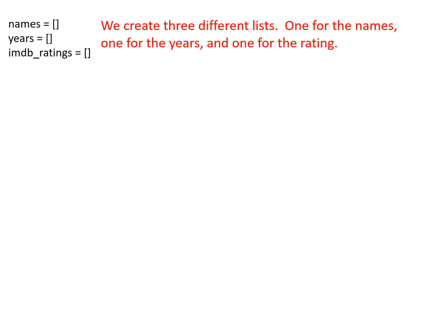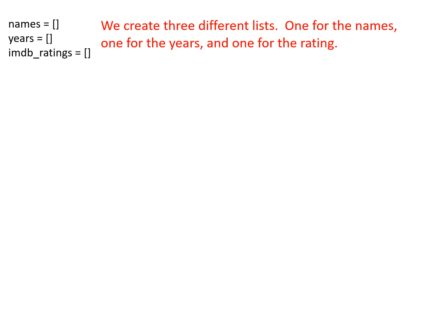The way you create a list here in Python is just to have the name of the list you want, and then equals, and then two brackets, a left square bracket and a right square bracket. So names equals, and then the brackets, is creating a list called names.